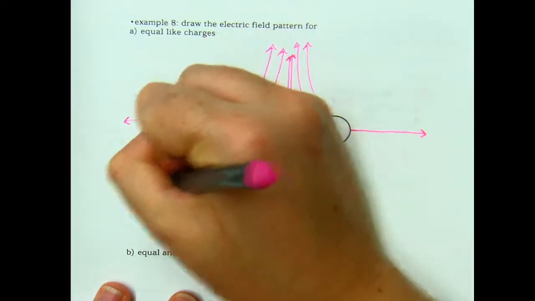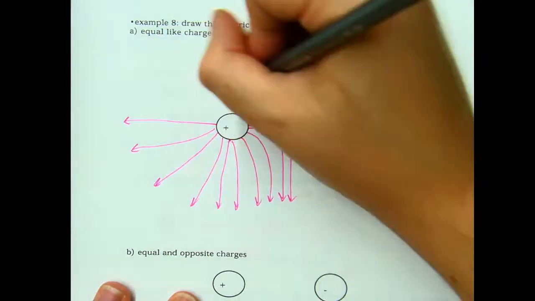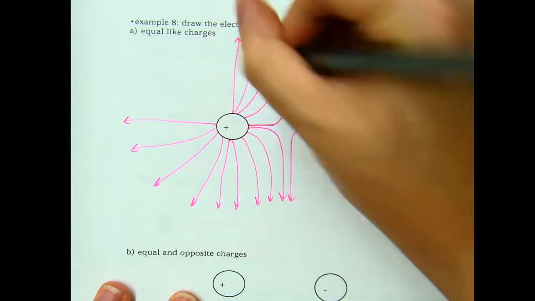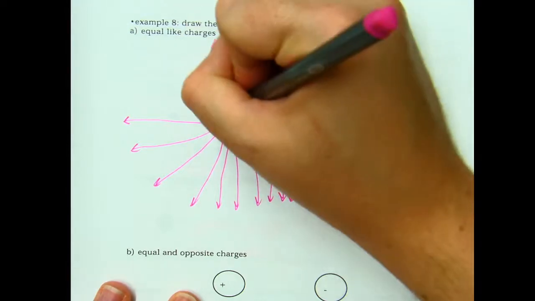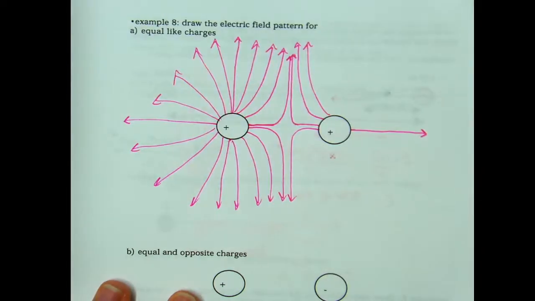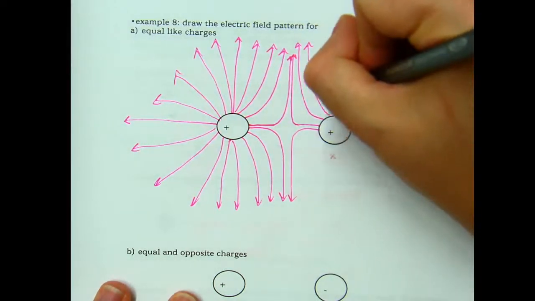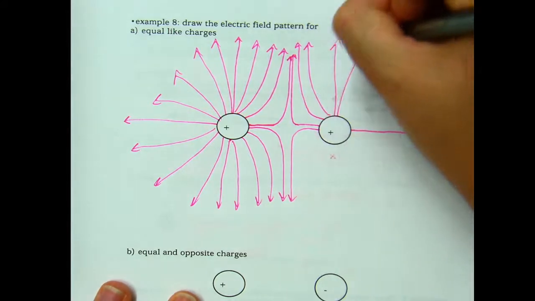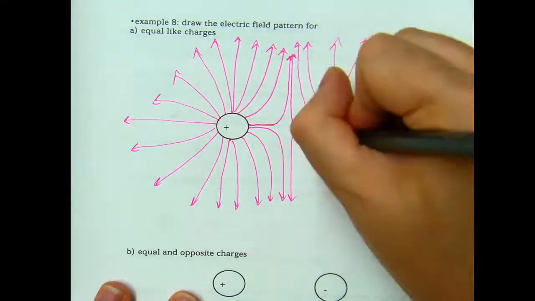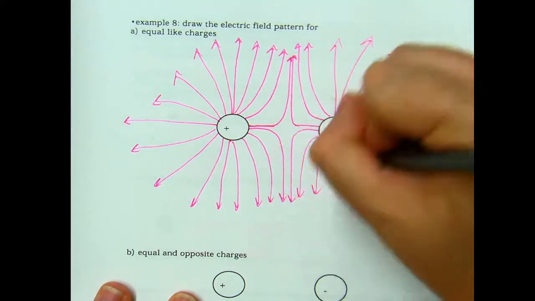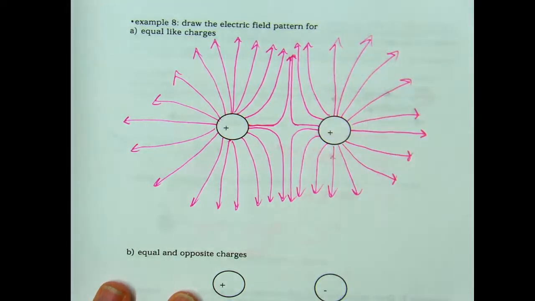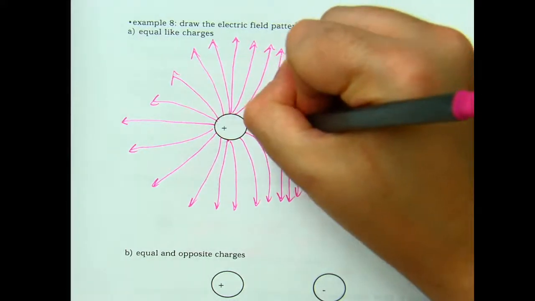So what you're going to get is something that looks like this. At some point it'll go straight up, but it'll start to curve. So for two positive charges, the electric field is going to look like this, where they kind of push up against each other, and right in the middle, there is no electric field.